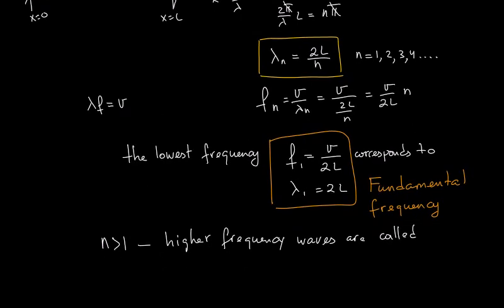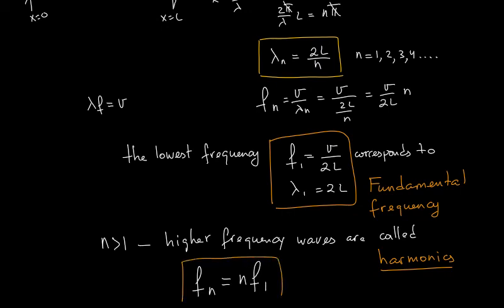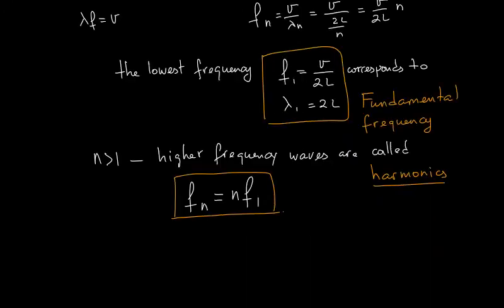Let me just write it for you: harmonics, and each frequency can be represented with the fundamental frequency as n times f1. So this would be the harmonics for us.